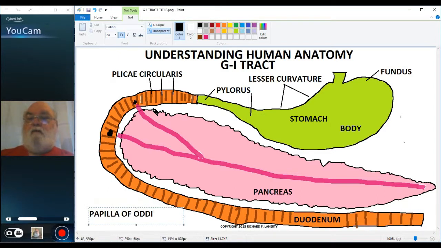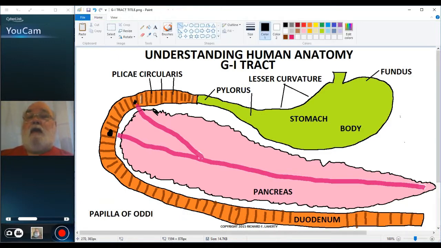And the papilla of Oddi is the spot where the main pancreatic duct and the common bile duct both open into the duodenum. The second opening is an opening of the accessory duct.